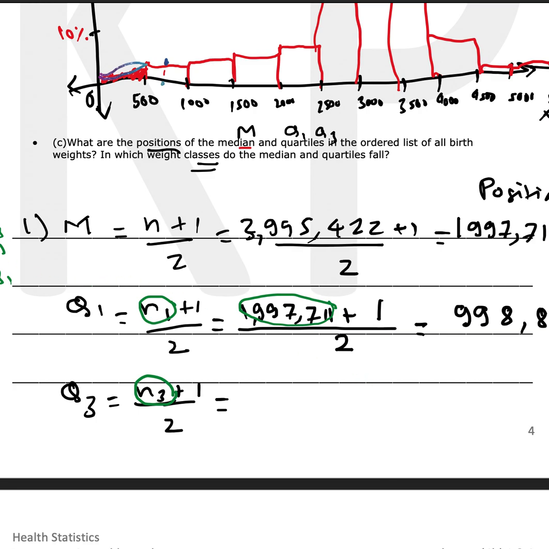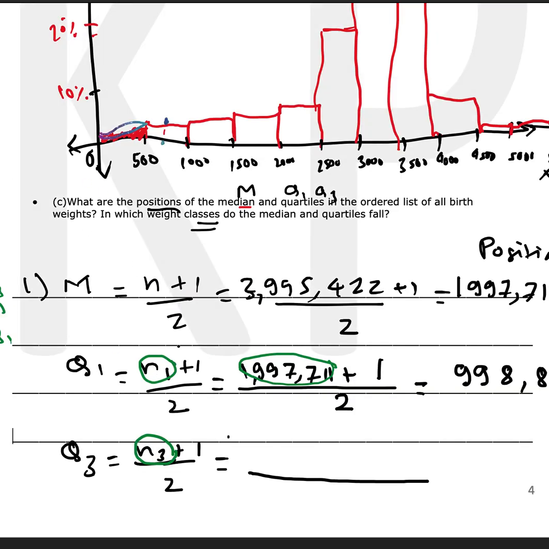That is nothing but N3. If we take 1997711 as our N3, which lies equally on the other side, this gives us Q3 from the median: (N3 plus 1) divided by 2, giving the exact same value.